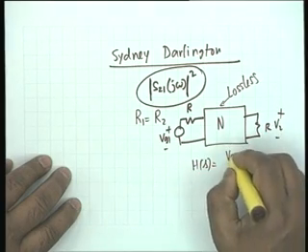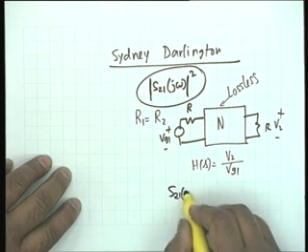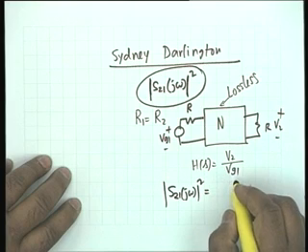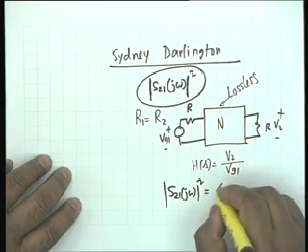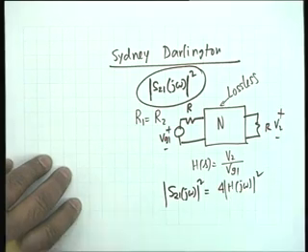So, S21 j omega squared would be 4. Suppose this is given, H of S equal to V2 by Vg1. If this is given, then what is S21 j omega squared, magnitude squared? This is simply, yes, not twice, 4 times H of j omega magnitude square.